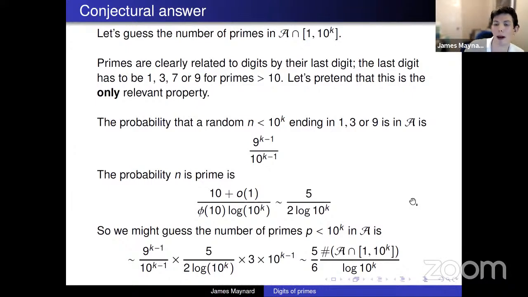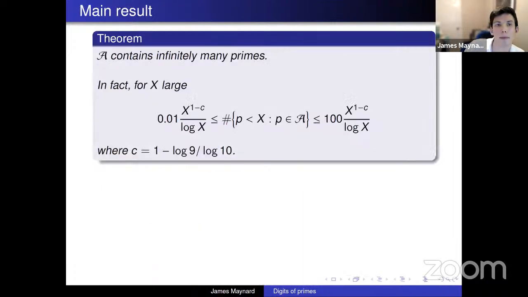So this is maybe a fairly natural conjectural guess that you might guess the probability that a number in A of size x is a prime is about 1 divided by log x times 5/6. And the main result that I'd like to talk about today doesn't quite prove this, but it gets pretty close.